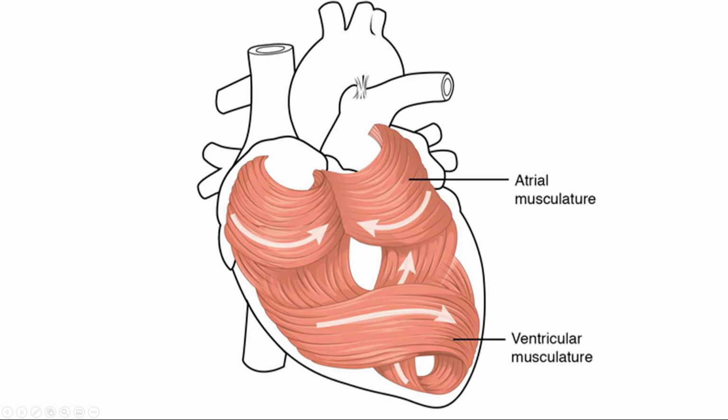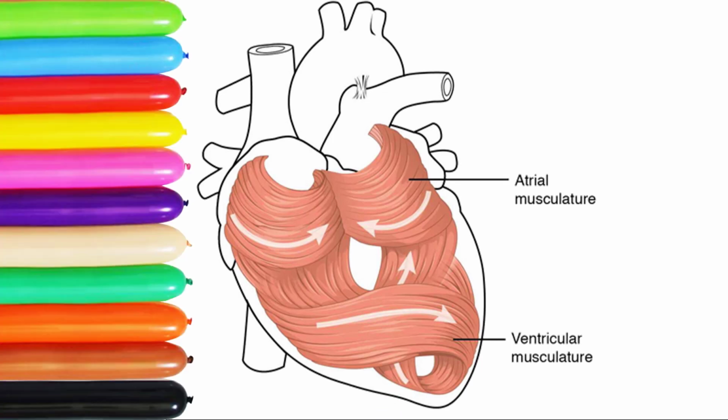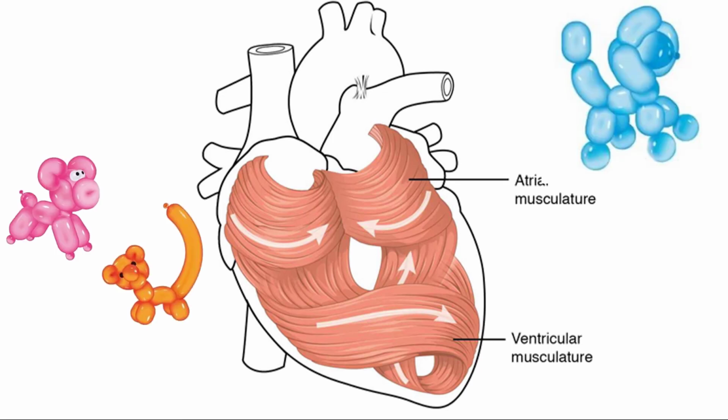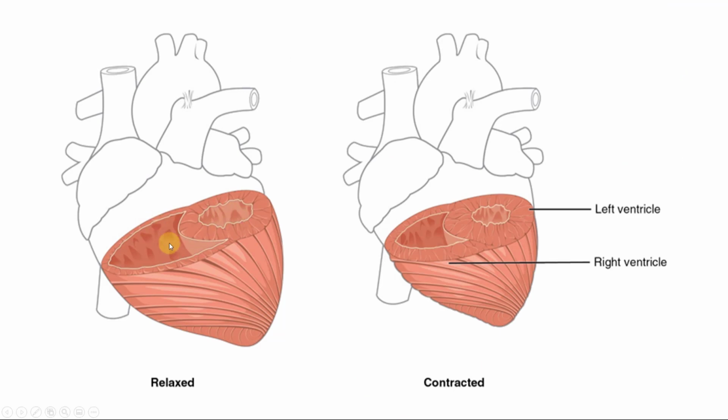So think of your biceps as one of those long clown balloons they use to make shapes, from end to end, and then it contracts. Think of cardiac muscle as one of those balloons, but twisted and wrapped and turned into a poodle or some kind of shape or animal. That's what the heart is: one long muscle that's wrapped into these different sections, creating these empty chambers. You can kind of see it folded in on itself there. When it contracts, it is squishing the blood from atrium to ventricle and ventricle out.